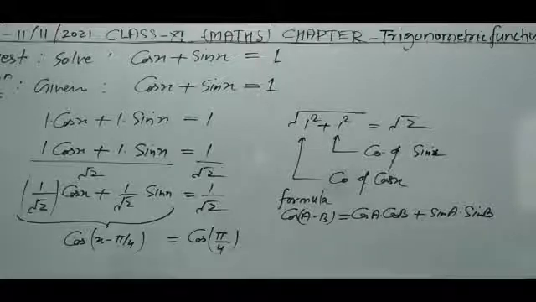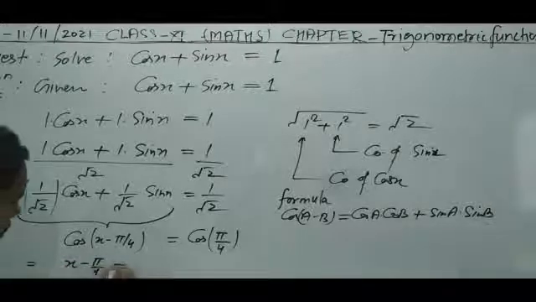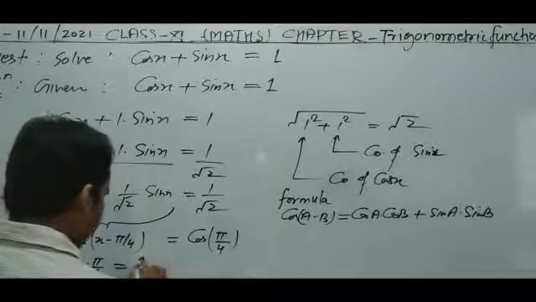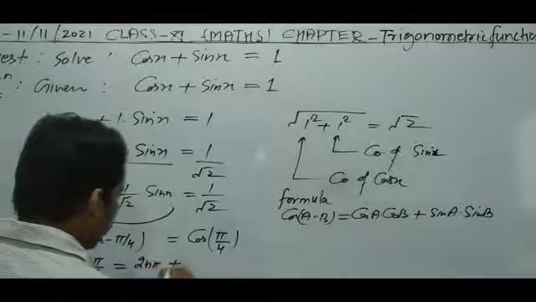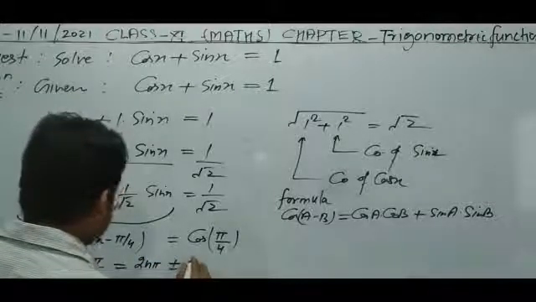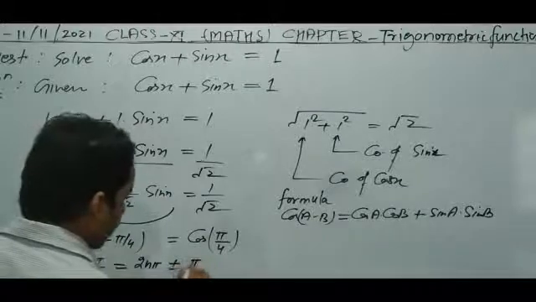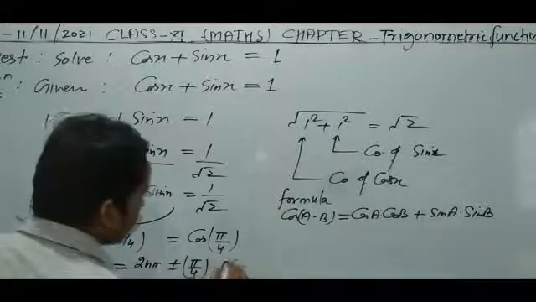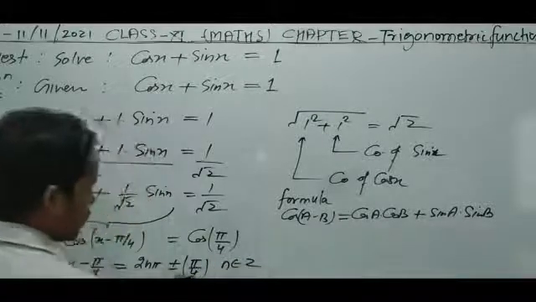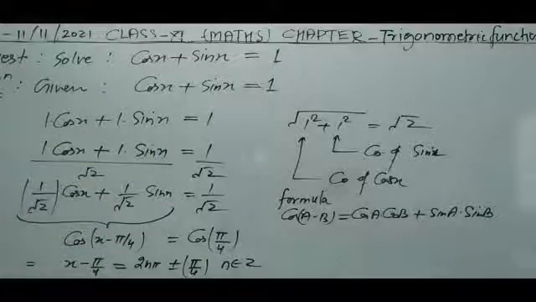This implies x minus pi by 4 is equal to 2n pi plus minus alpha. Alpha means pi by 4 is here, such that n belongs to integer. Now what can we write for x?